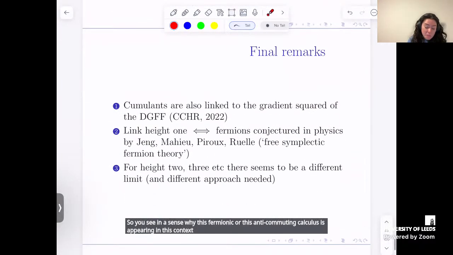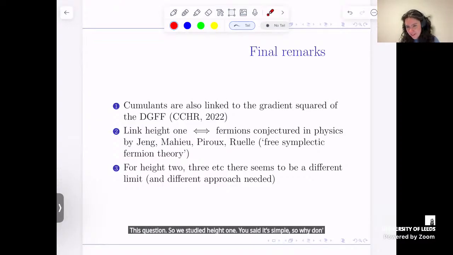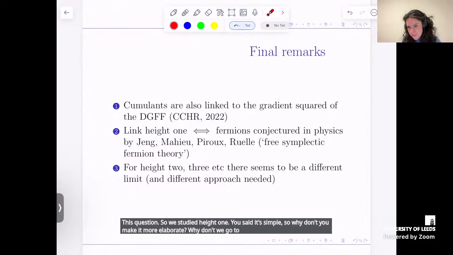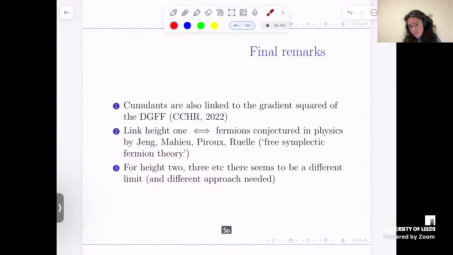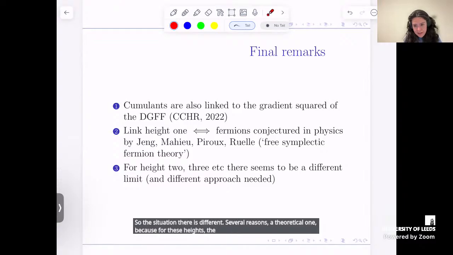And finally, perhaps to anticipate a question, I always get asked this question. So we studied height one, you said it's simple, so why don't you make it more elaborate? Why don't we go to higher heights? The situation there is different for several reasons. A theoretical one: for these heights, the scaling limit, what is called the field theory behind those heights, is supposed to be different. It shouldn't be what we got for the height one field.